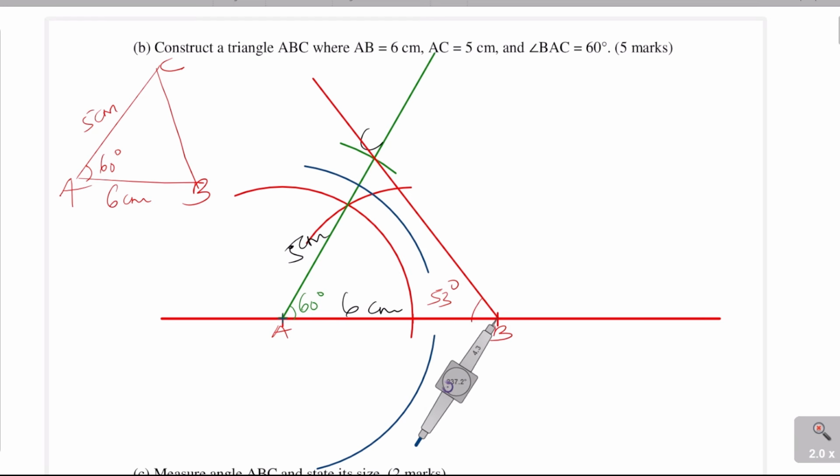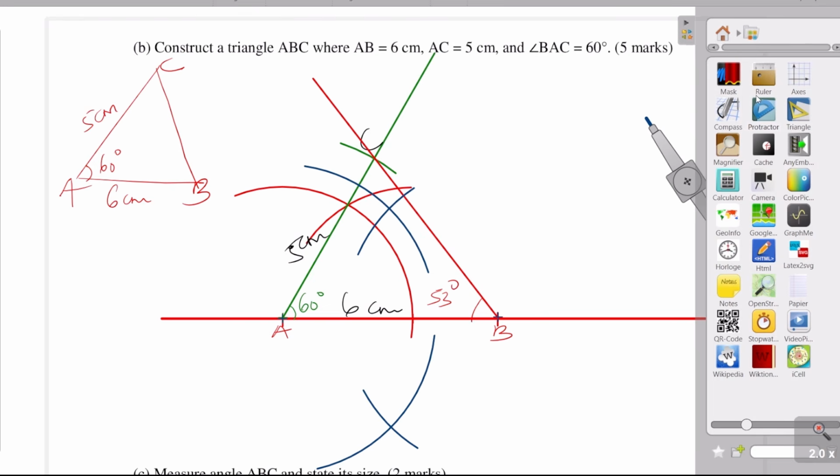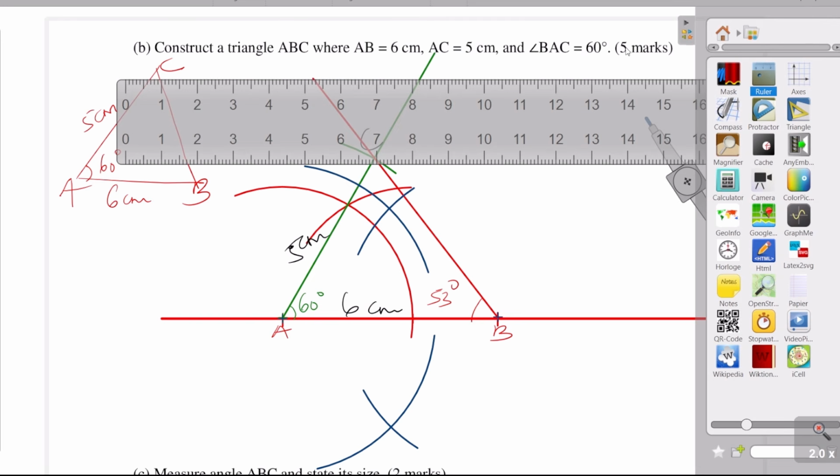Then, extending to B, cut that arc. And then with the same radius, without changing, cut that arc. From there, use a ruler to do this.